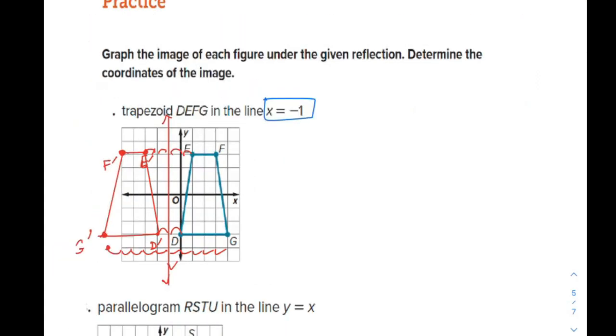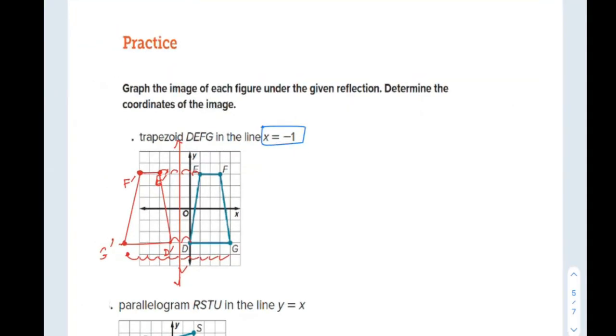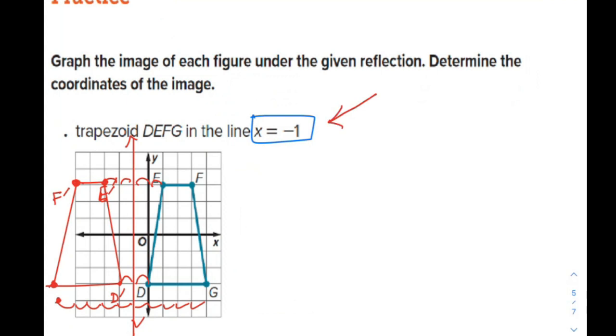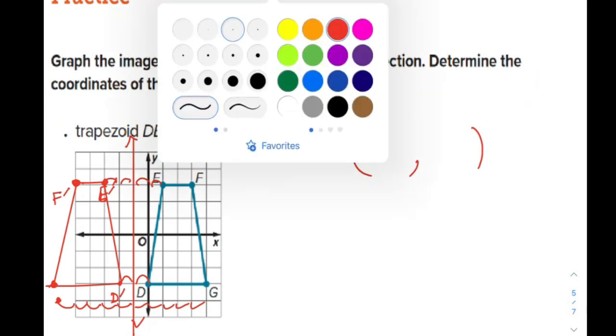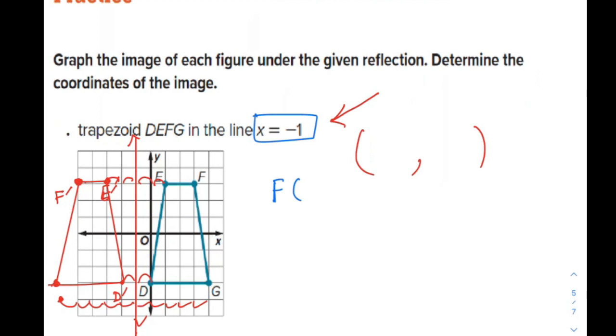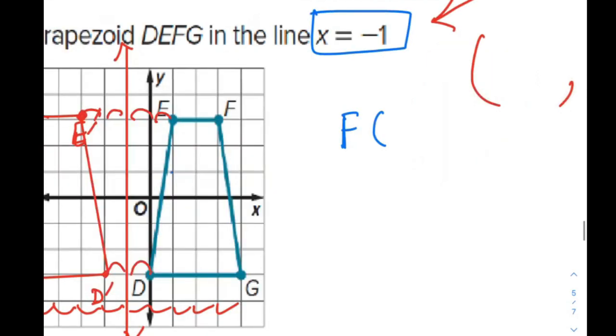Okay. If you want to apply the rule, what will happen? As I told you, since you are reflecting across x equals -1, you will keep all the y's the same. Let's assume here we have F originally. Where is F? 1, 2, 3. So it's 1 and 3.